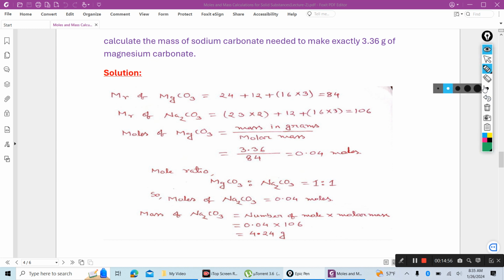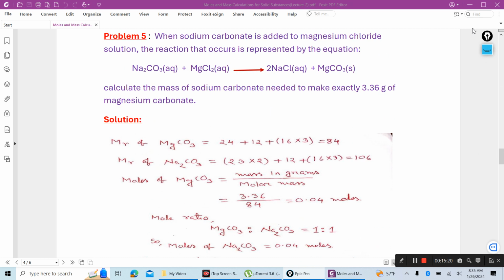Moles of magnesium carbonate, mass in gram divided by molecular mass. Mass given, molecular mass I calculate here. So we get moles of 0.04. Now magnesium carbonate number of mole and sodium carbonate number of mole are equal, 1:1.